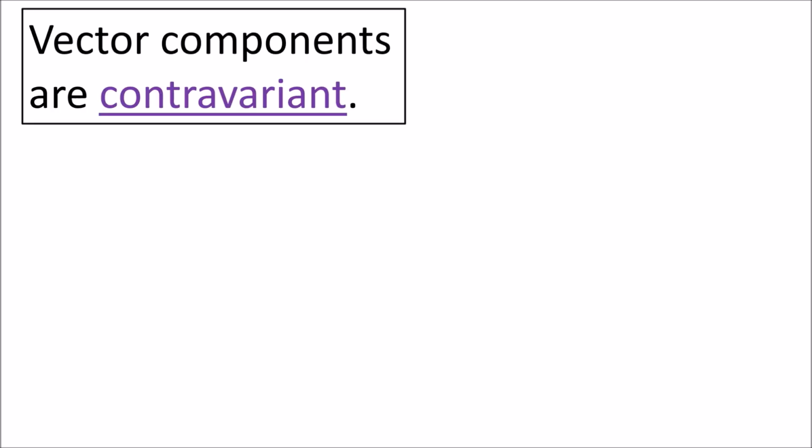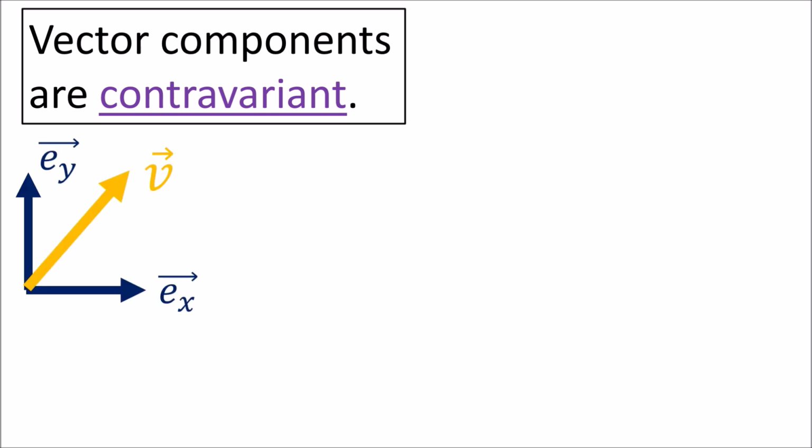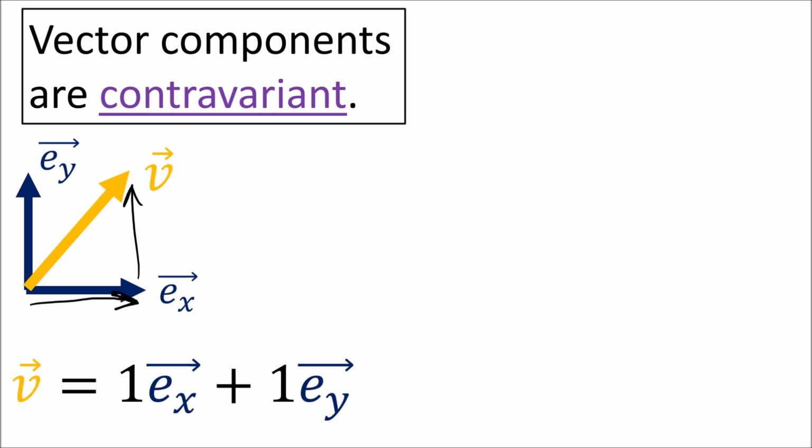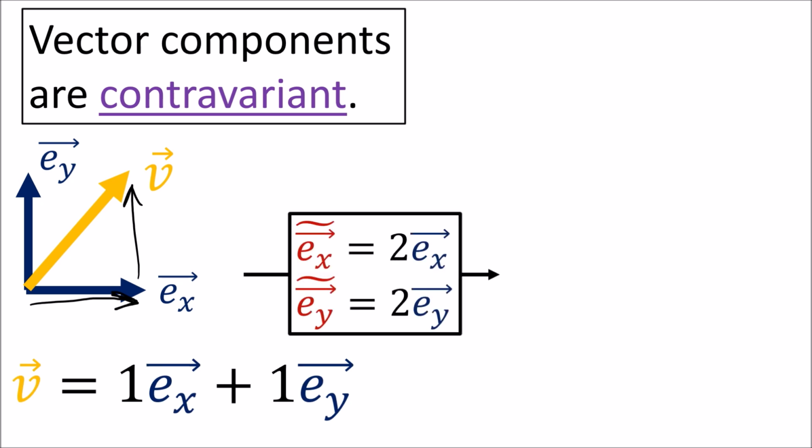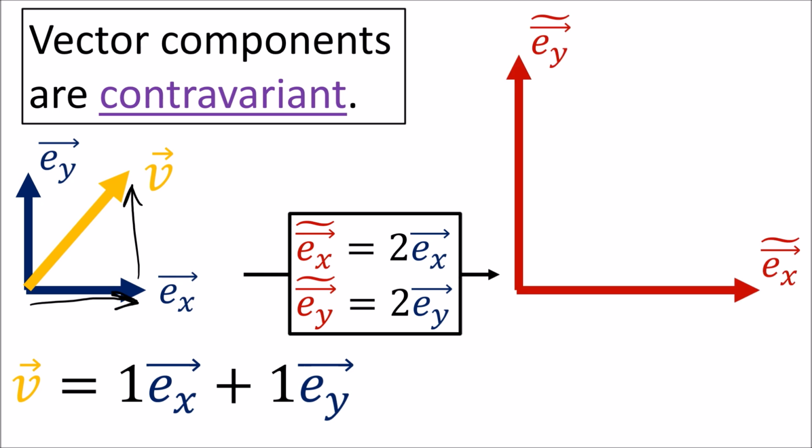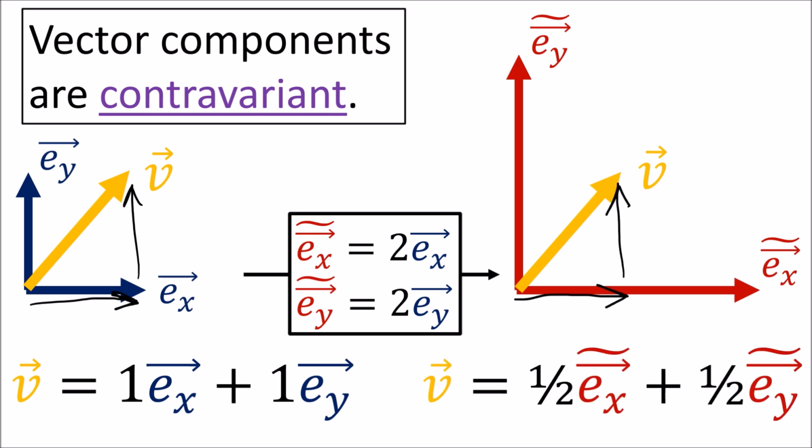Now, something we've learned in past videos is that vector components are contravariant. If we have a vector v measured in the basis ex, ey, we see that v is equal to 1 copy of ex plus 1 copy of ey. Now, if we change the basis vectors to make them twice as big and get ex tilde, ey tilde, then we can write the same vector v as 1/2 ex tilde plus 1/2 ey tilde.